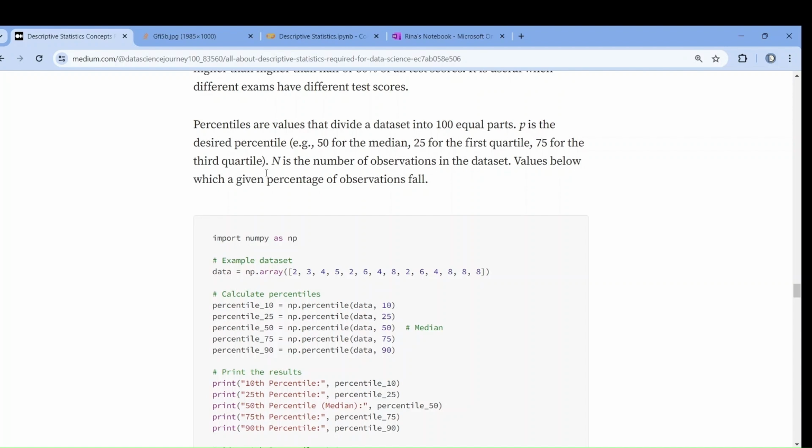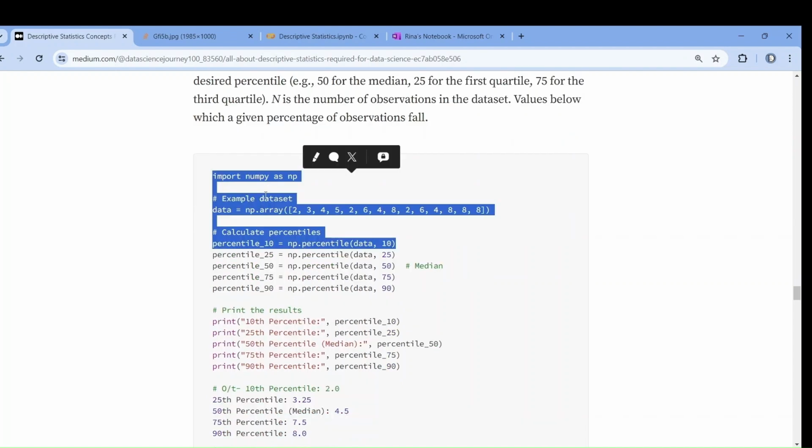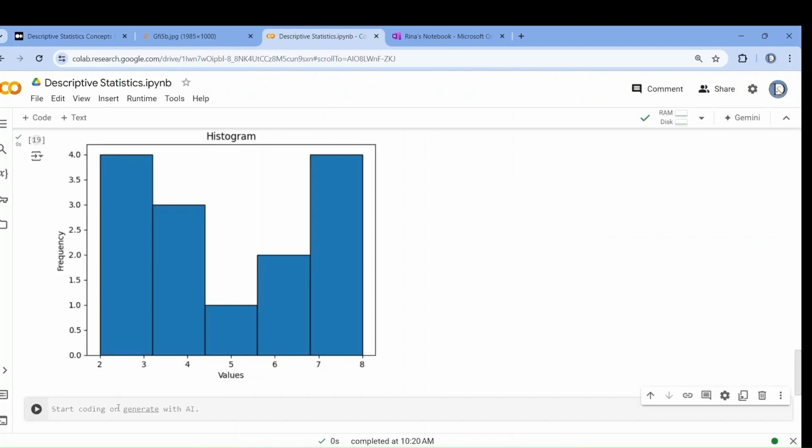That means 75% of the data points are lying below this data point. 50th percentile, that is the median, or we can say 50% of the data points are lying below this particular data point, this value.